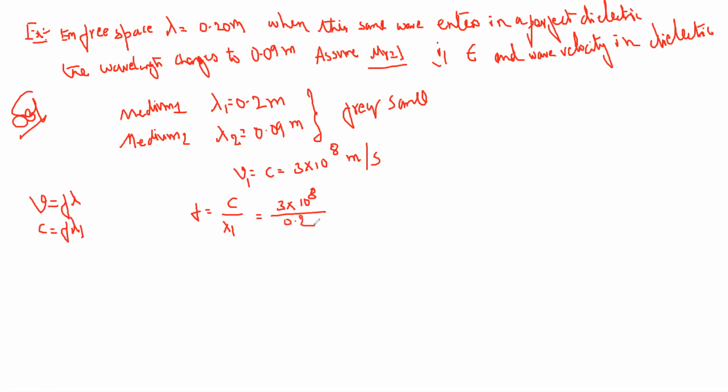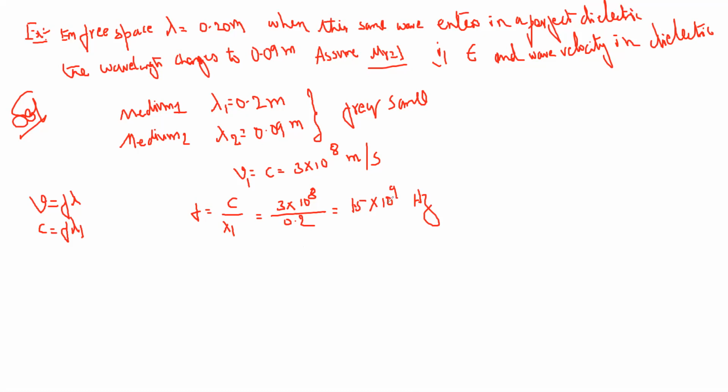You can take it as 1.5 into 10 to the power of 9 hertz. After we calculate, 3 by 2 is 1.5. Okay, my dear students. Now the electromagnetic wave enters the perfect dielectric with the same frequency. Here lambda 1 is equal to 0.2, and in that case the frequency is 1.5 into 10 to the power of 9.